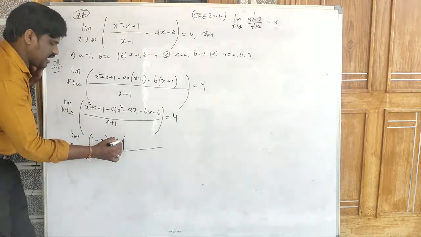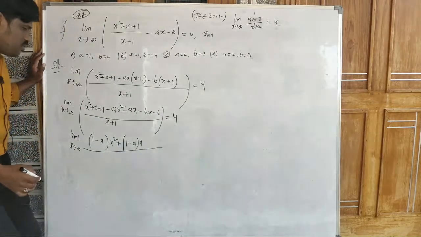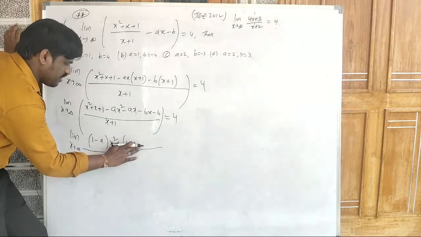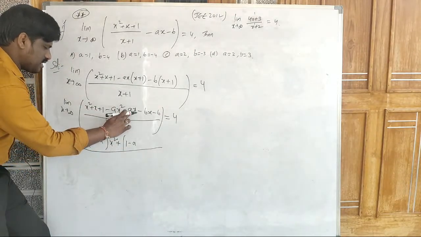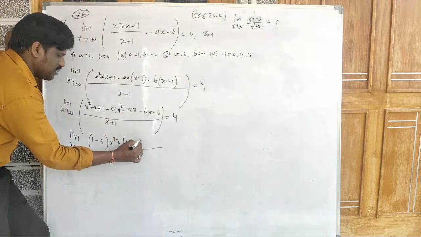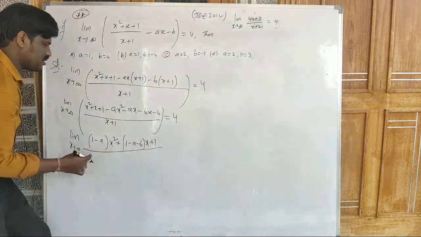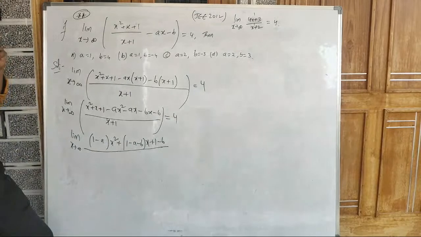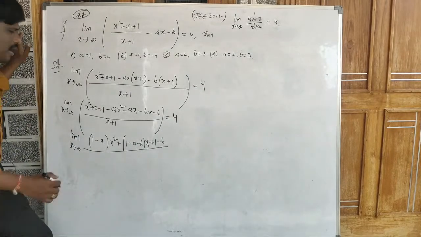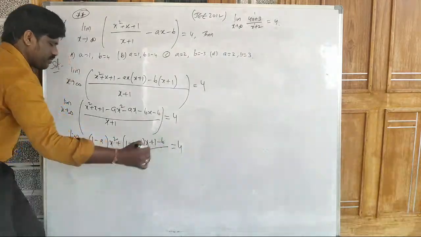If I take x common out, here is 1, here is minus a, here is minus b into x. The constant is 1 here and here minus b. That's it. Nothing else is constant. Divided by x plus 1, and this is equal to 4.